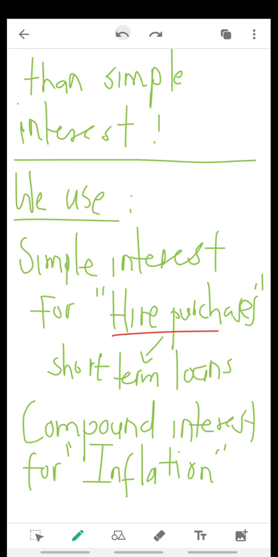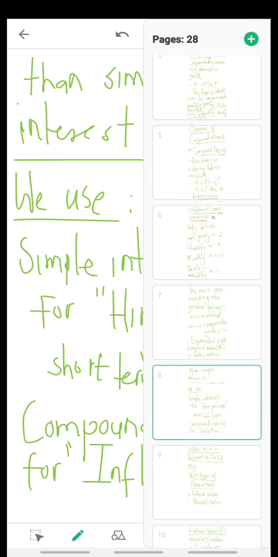Okay, and then whenever they talk about inflation, which is an exponential increase in the price of goods and services like bread, you find that in a particular year bread was 5 rands, then the following year it was 5.40, the other year it was 6.10, then the other year 7.90, etc. That is exponential growth. So inflation associates with compound interest. Okay, especially in terms of formulas. For hire purchase, the formula will be for simple interest, and for inflation, the formula will be for compound interest.